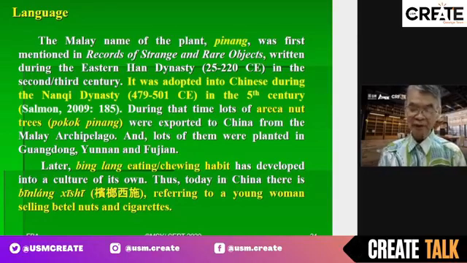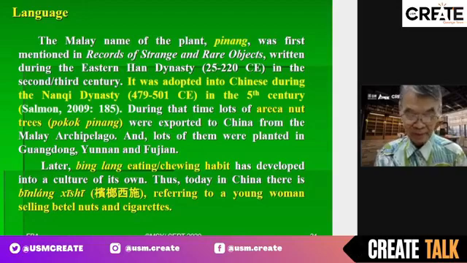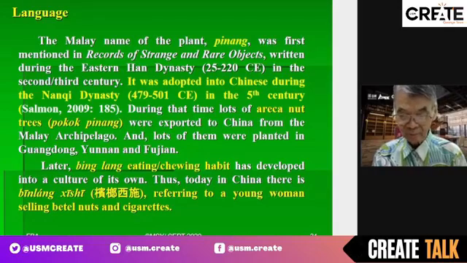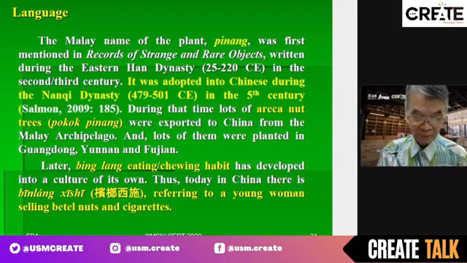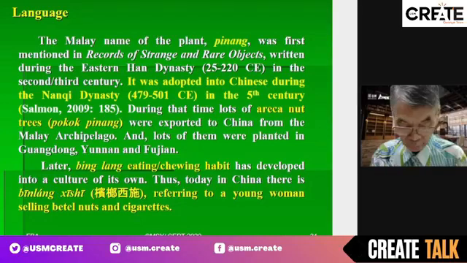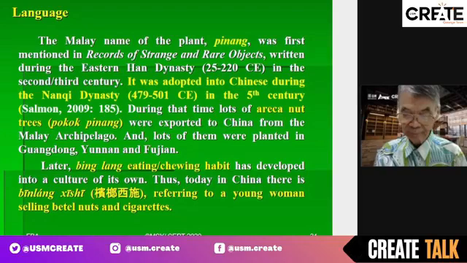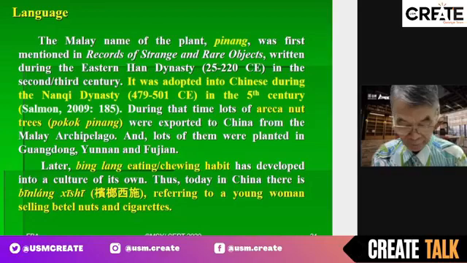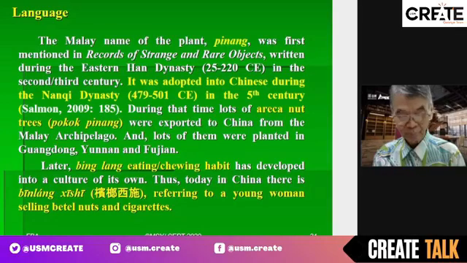It was adopted into Chinese during the Nanqi dynasty, 479 to 501 of the Common Era, that is in the 5th century. During that time, according to Salmon, lots of areca nut trees, pokok pinang, are exported to China from the Malay archipelago.